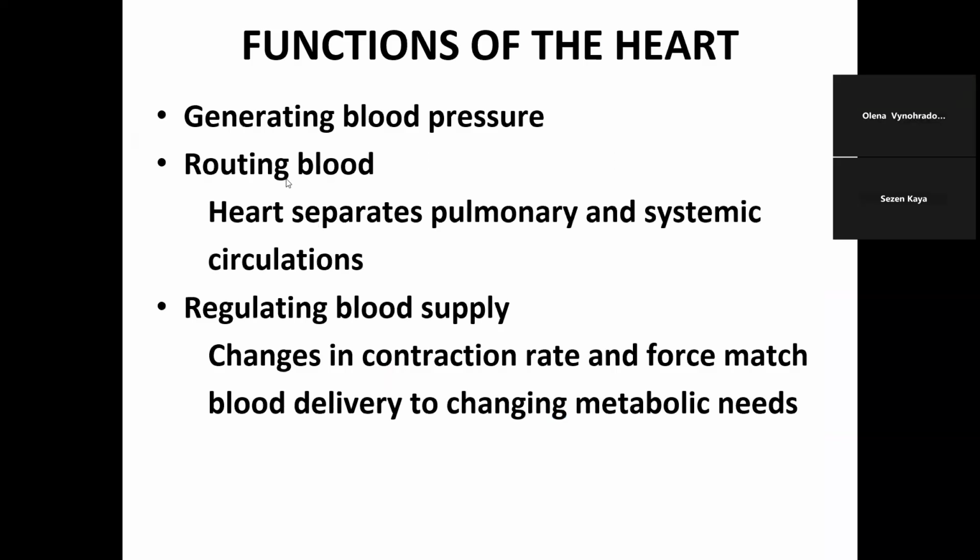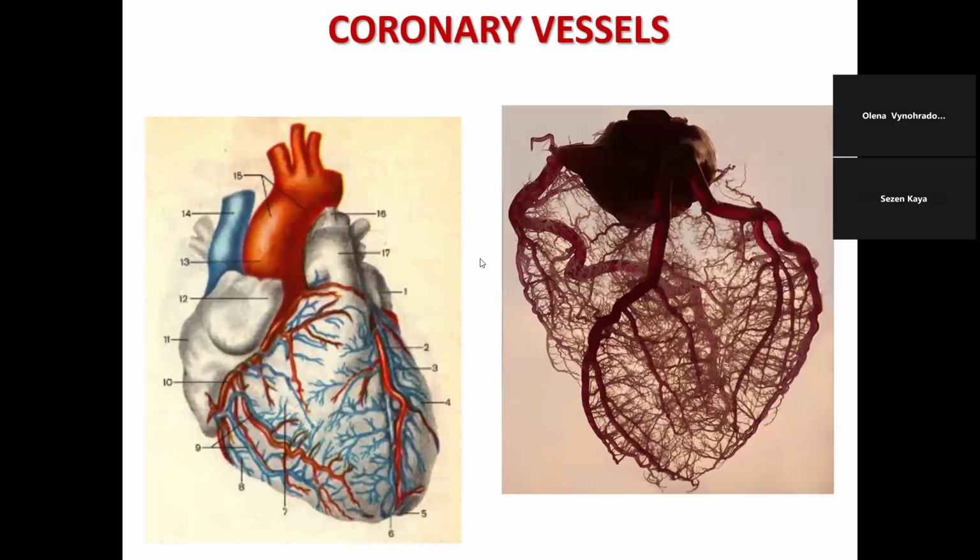Interesting. What else? If you are talking about the function of the heart, we are saying that the heart generates blood pressure, routes blood, and regulates blood supply. You see that this is a hard-working organ, and for normal working it needs good blood supply of its own, and this supply happens because of the coronary vessels.